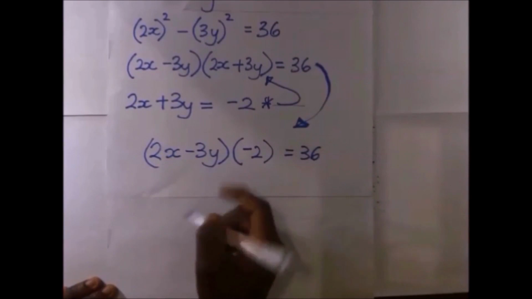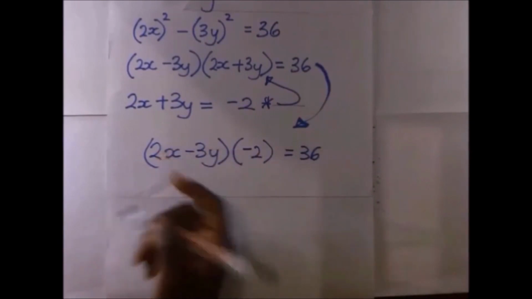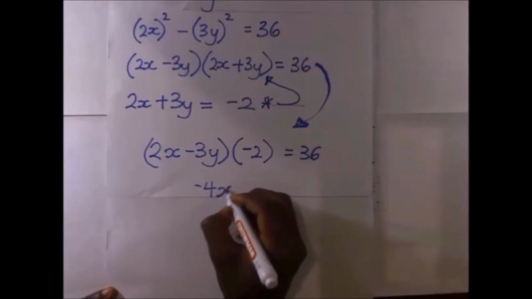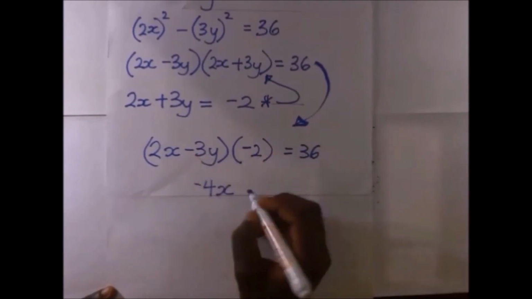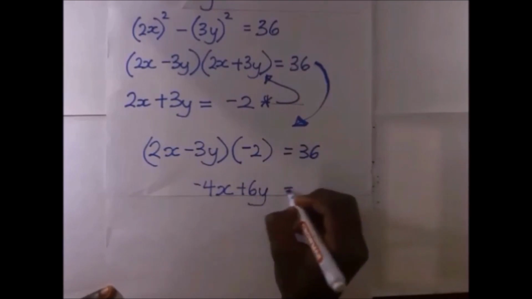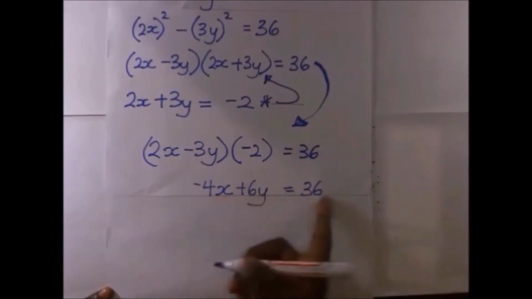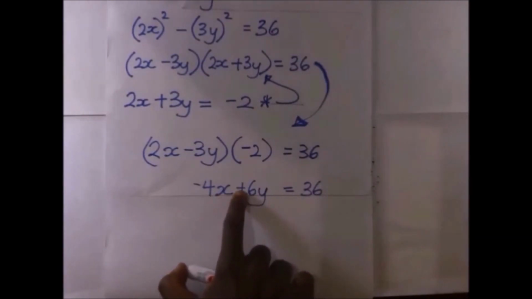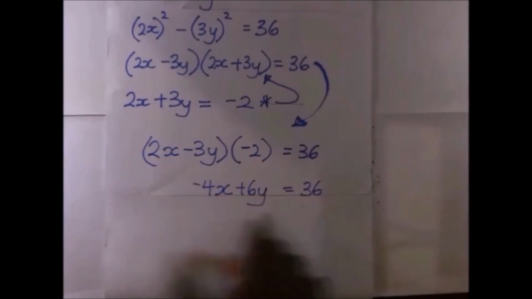So we simplify it and it becomes negative 2 times 2x is minus 4x. Negative 2 times negative 3y is going to be positive 6y. Is going to give us 36. So now we have a linear equation, which is negative 4x plus 6y is equal to 36.